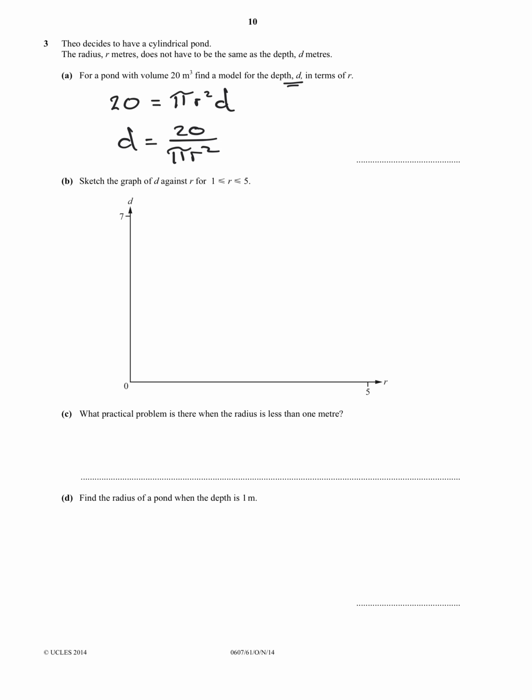Okay, next it's asking me to sketch this graph. The process that I've gone through is I've put this into my calculator, and I've just changed my r for an x, which makes sense because r is on the x-axis. So it should look exactly the same. I've put in 20 over pi x squared, exactly what we had in part A, and using my table I'm able to see these values.